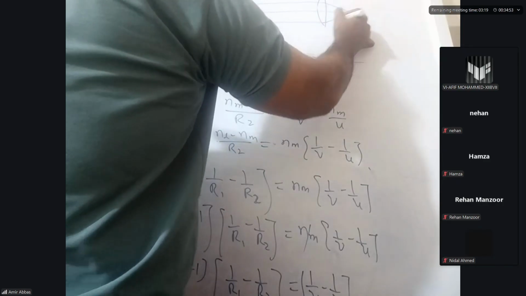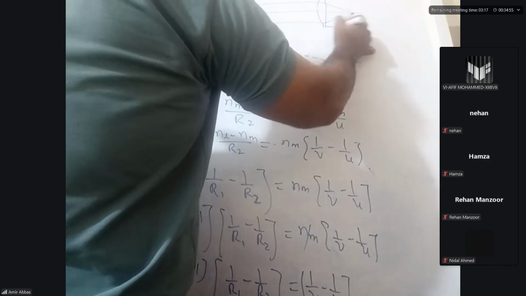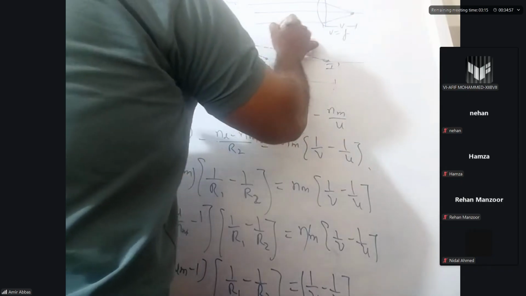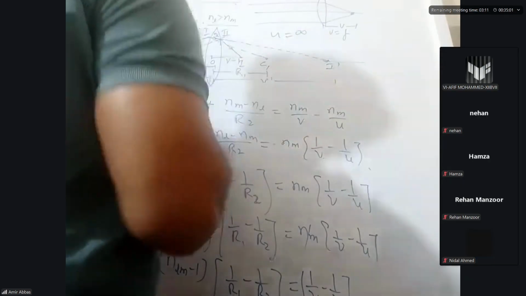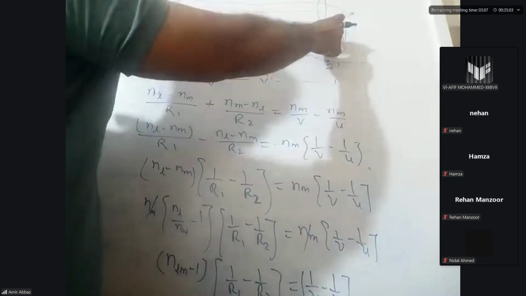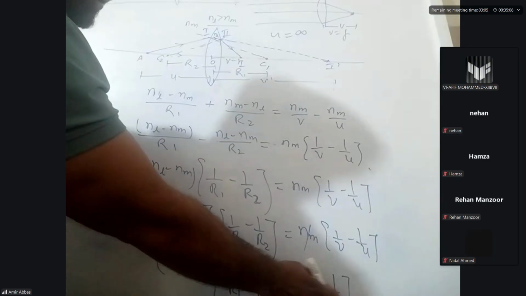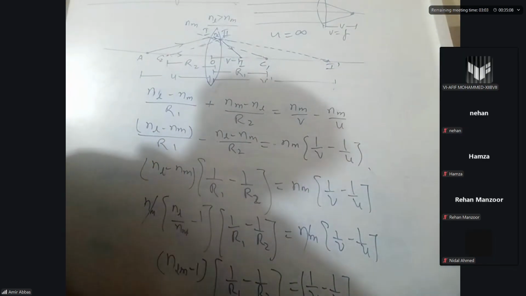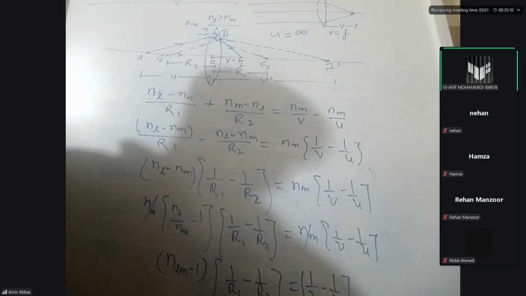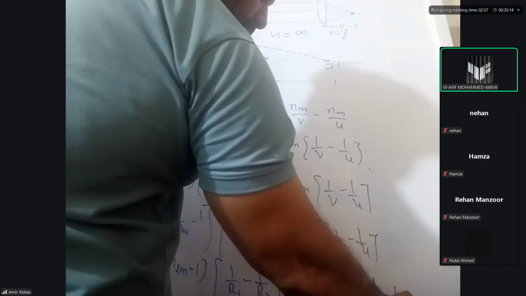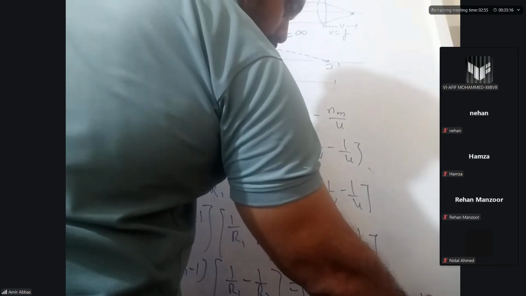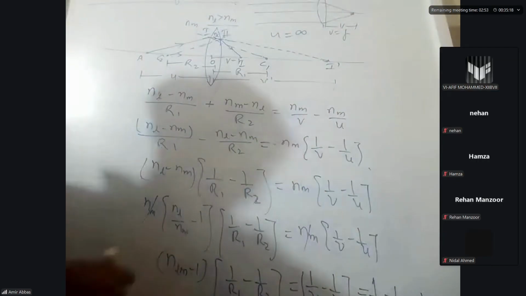We have seen this: V is equal to F, and U is equal to infinity in this case. If we put these two values in this equation, what do we get? This will become 1 by F minus 1 by infinity, which equals 1 by F.